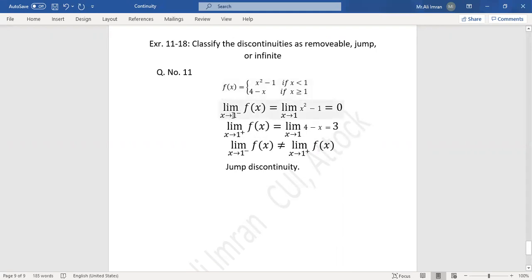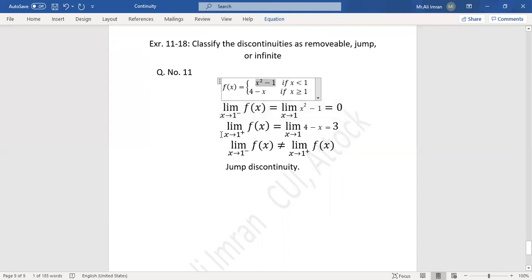Limit x approaches 1 negative of f of x means we approach the limit for values less than 1. For x less than 1, the value of the function is x squared minus 1. This is in simplified form, and when we put x equal to 1, we get the value of the function equal to 0. This is the value of the left hand limit.